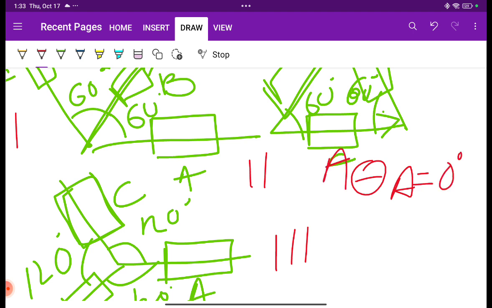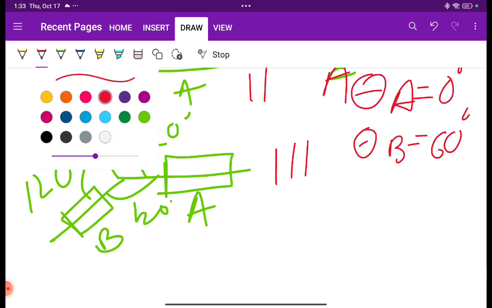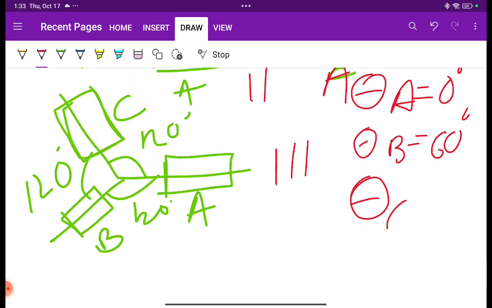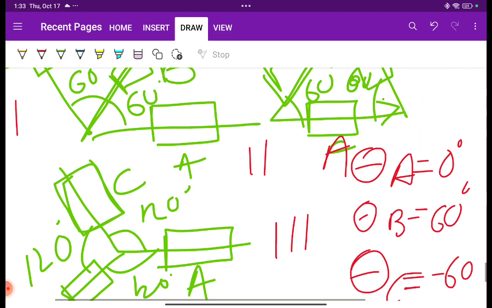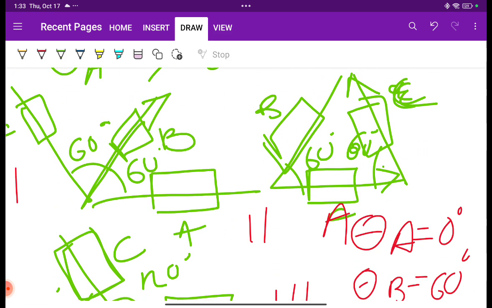This is A. Theta B is equal to 60 degrees, and theta C is equal to minus 60 degrees, since the angles are in this direction.